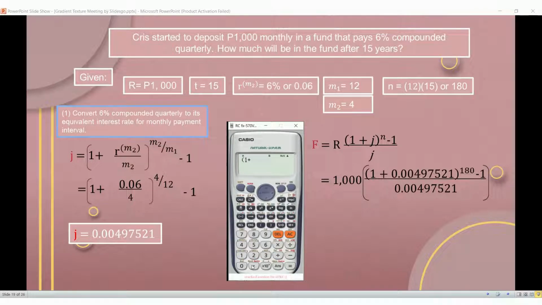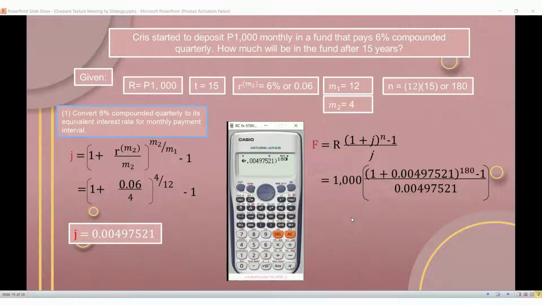Try natin isa-isahin. So 1 muna, 1 plus j, 0.004975521, raised to 180. We'll have yan. So yan sagot.